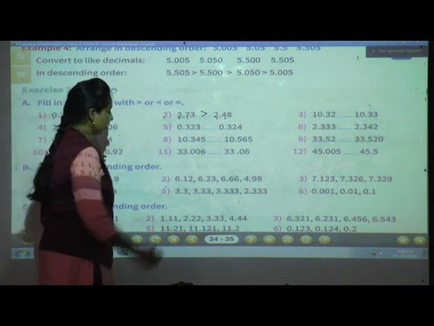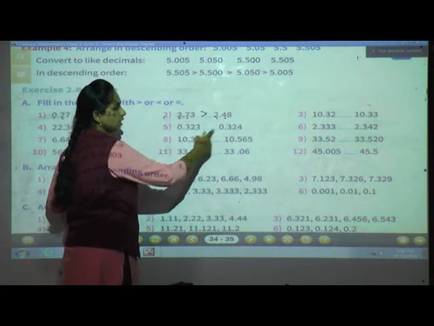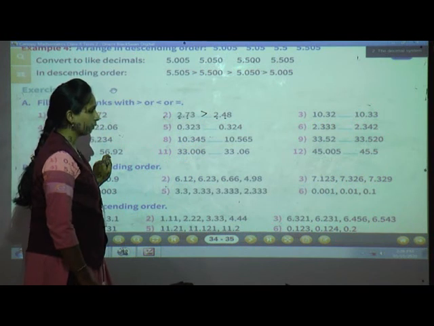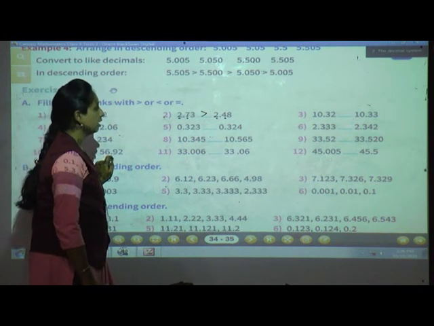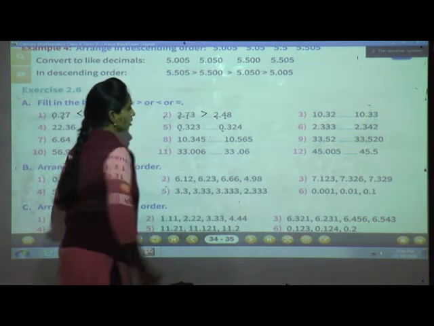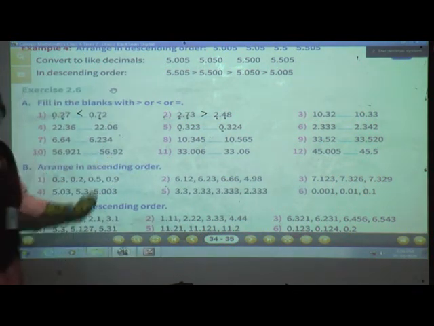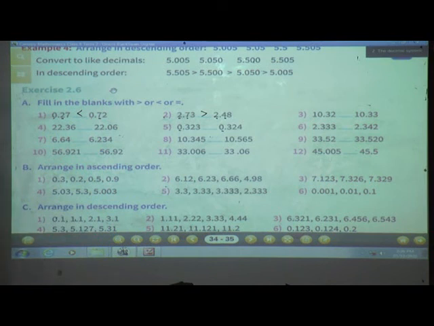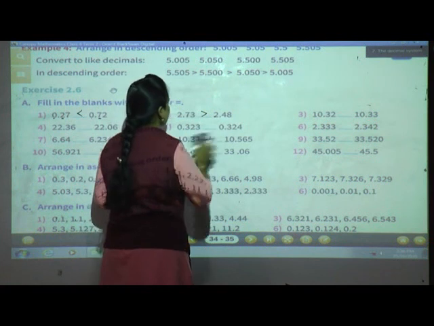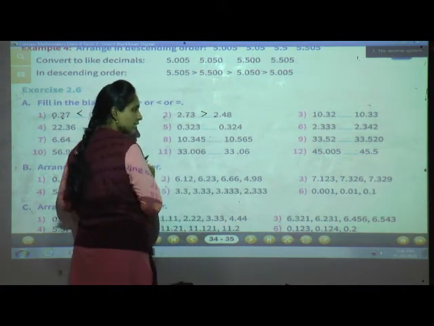Now see the fifth one, 0.323, 0.324. Now we have to compare both these numbers, isn't it? Now see, ones place 0, 0. Both are 0, 0. We cannot compare which is greater, which is smaller. Then we will go with the tenths place. See the tenths place, again 3, 3 is there.